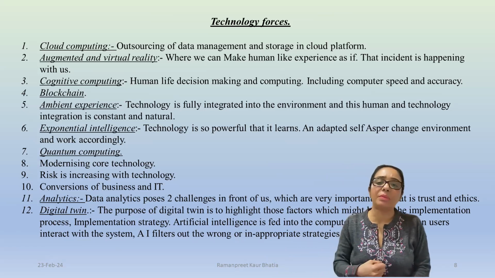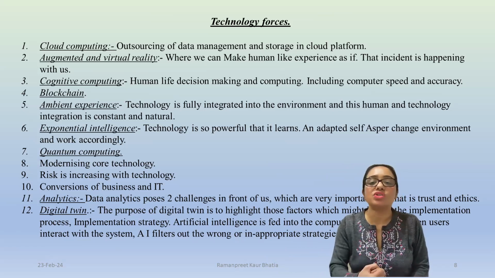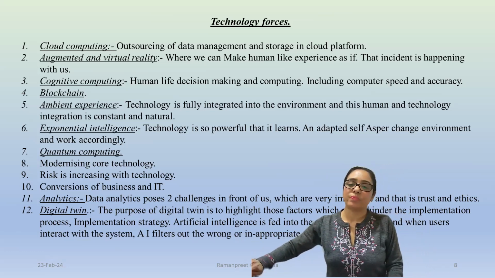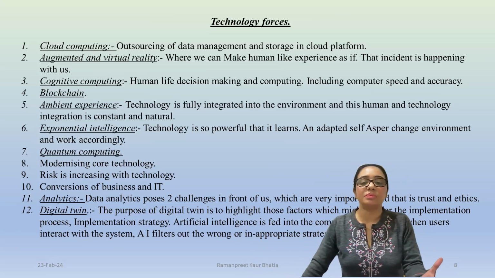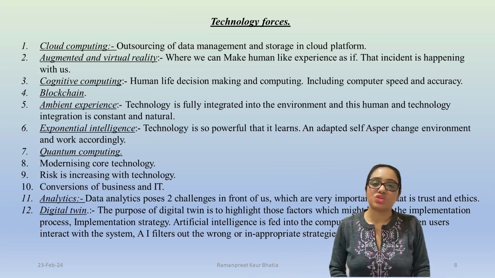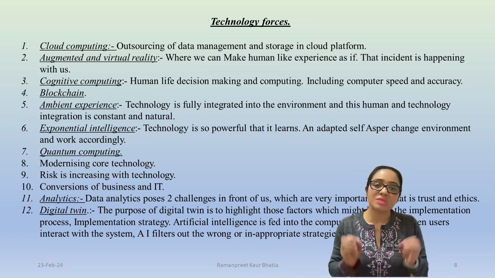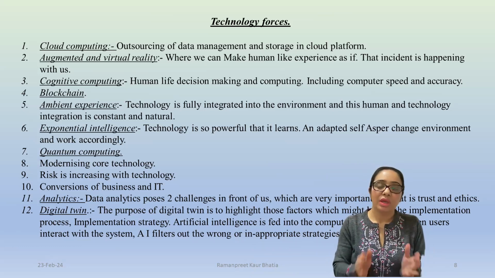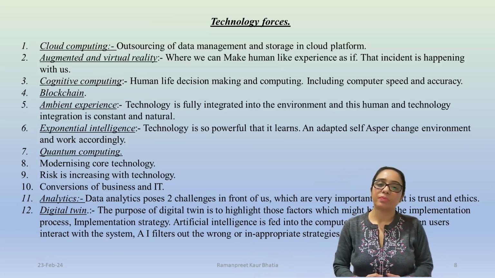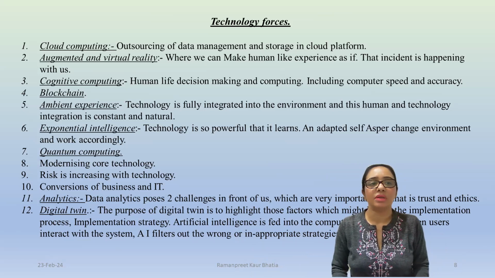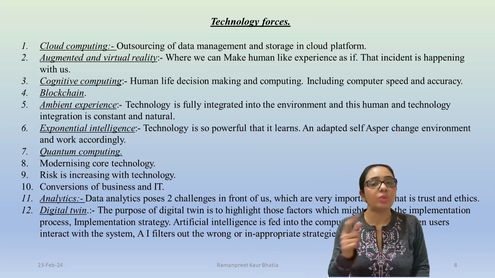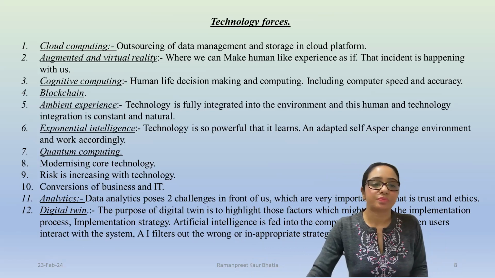Whatever is stopping me from making a good strategy gets sidelined by the system, and the filtered result is available to me so that I can make correct decisions. So in digital twin, everything is fed into the system, the wrong things get filtered out and the correct thing comes to me. This is the simple layman's explanation of digital twin. It will come in other modules also.